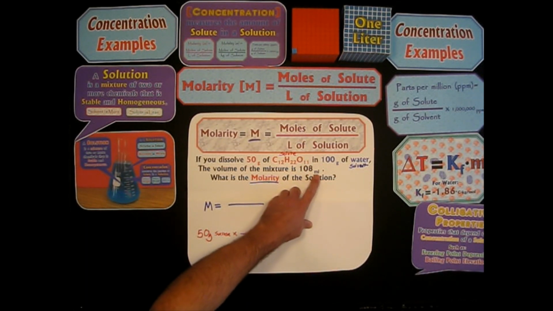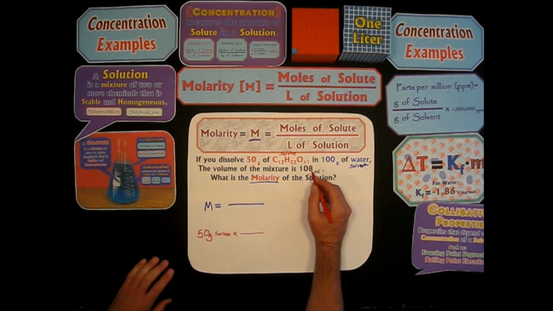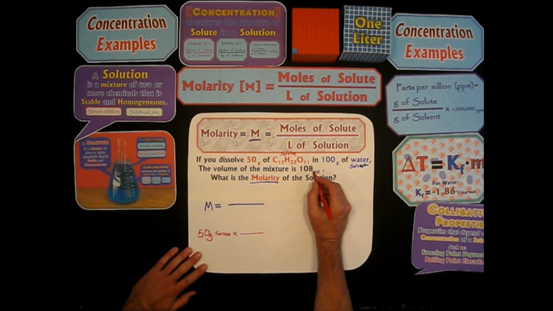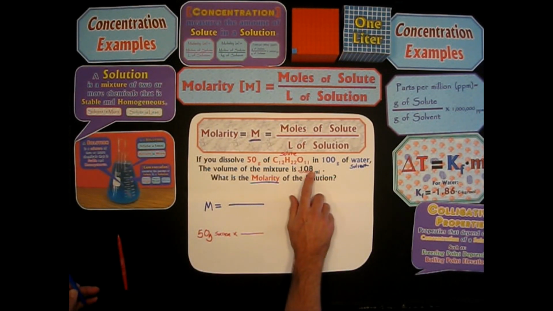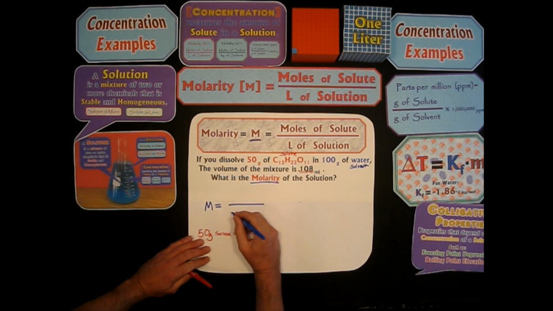Well, it's 108 milliliters. The mixture, well, that's the whole solution. The mixture is both of them together. So remember the easy way to convert from milliliters to liters? We're dividing by 1,000, so 1, 2, 3. It goes before the 1 right there. So then what would my liters of solution be? Well, that's easy.